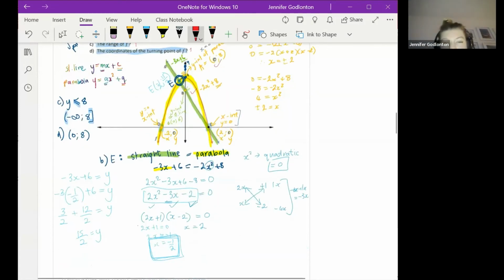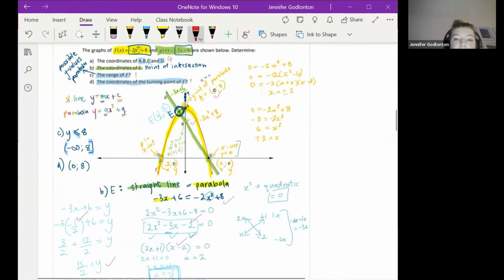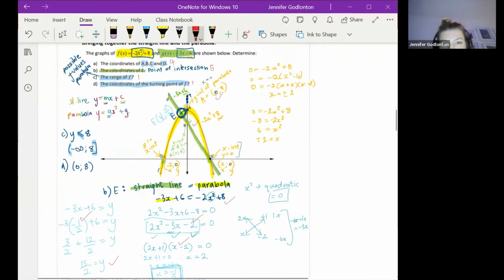And then for this, they'd give you 1 there, one for factorizing, 1 for substituting, and 1 for getting y. So you'd probably get 5 marks over there. So then this whole question would probably be out of 11 marks. That's sort of where this type of question would be.